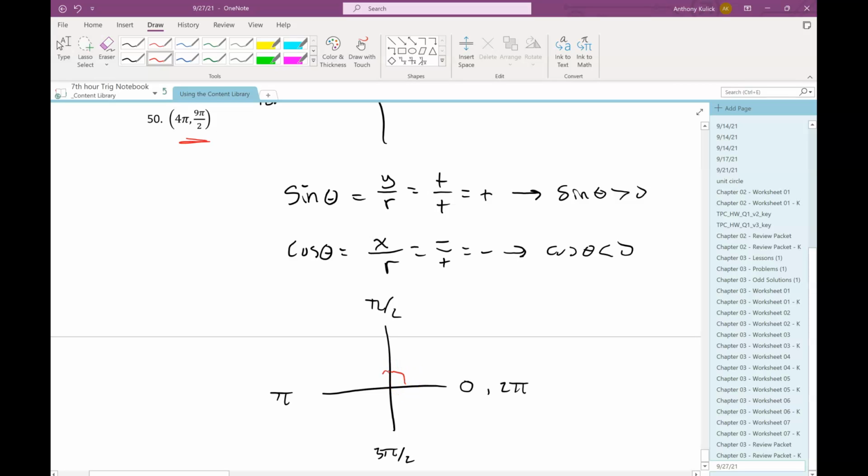So half, 1, 1.5, 2 pi, 2.5, 3 pi, 3.5, 4 pi, and then 4.5. So we're in quadrant 1. Right? 9 over 2 is 4.5. In quadrant 1, both the x and y are positive, so everything is going to be positive.